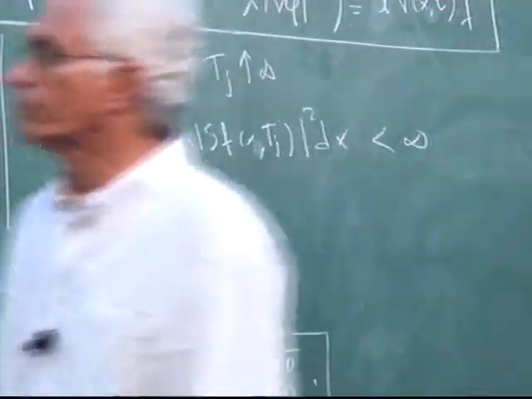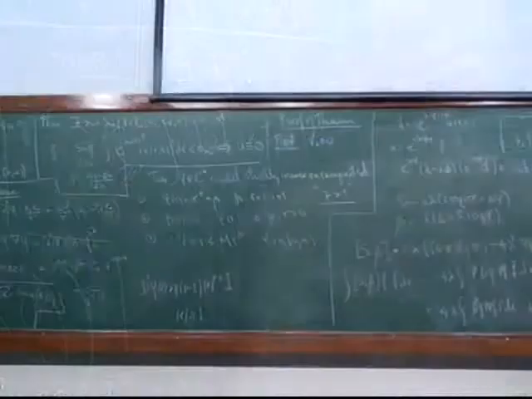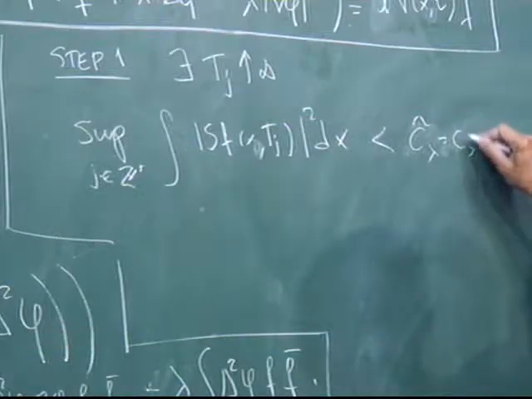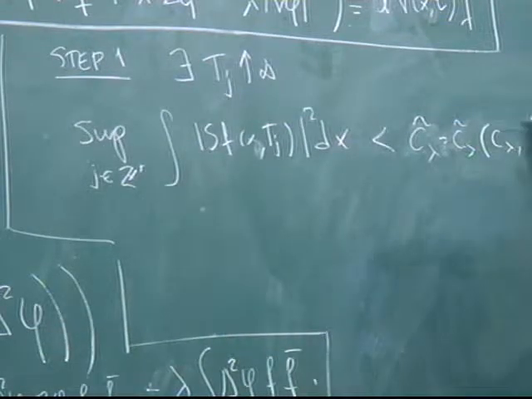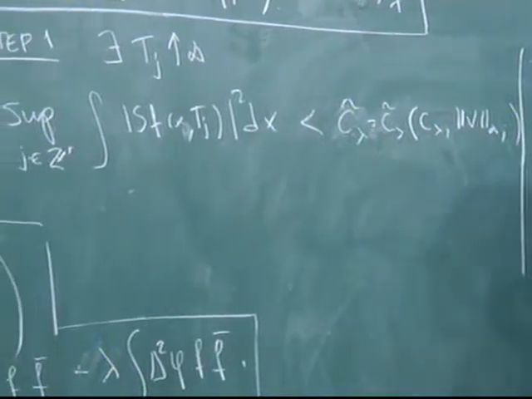Okay, let's call this number C lambda 0. This number will depend on C lambda, the L infinity norm of this, the P, and so forth.